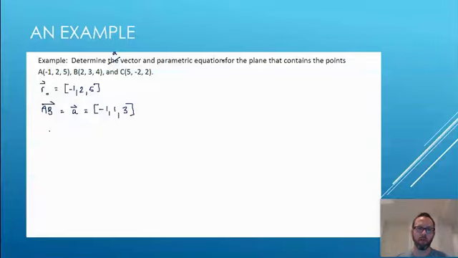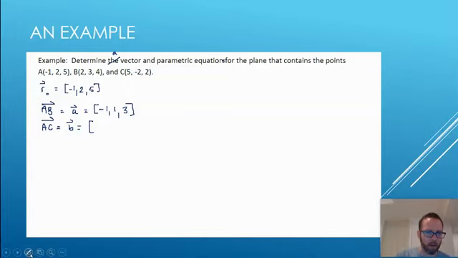A second direction vector could be AC or BC. I'm going to use AC. That'll be my second direction vector.